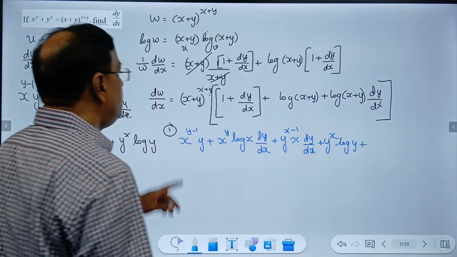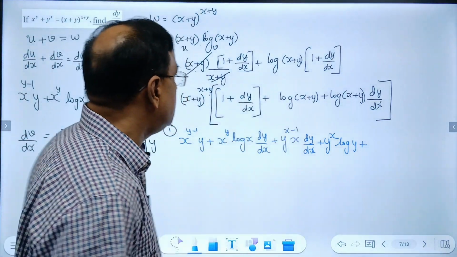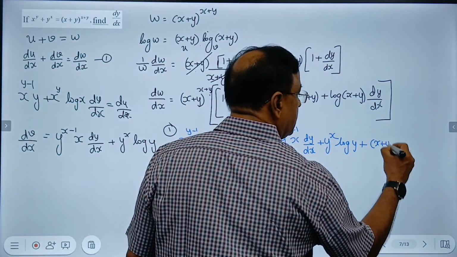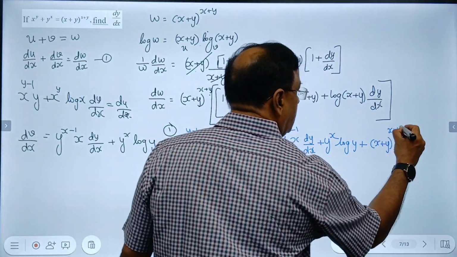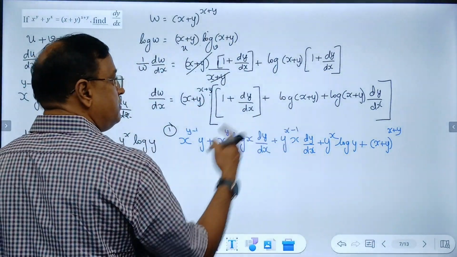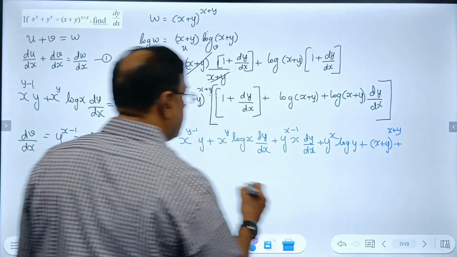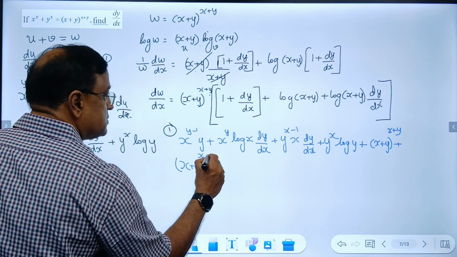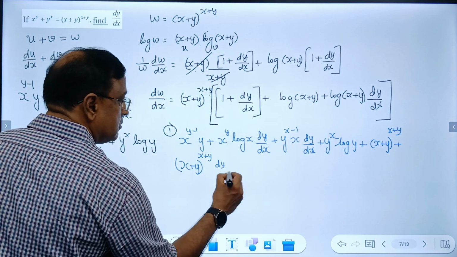Plus, now open the bracket. You can just open the bracket. I'm multiplying this with this, so I get x plus y power x plus y. Why? Because this into 1 is the same thing, plus x plus y power x plus y into dy by dx.